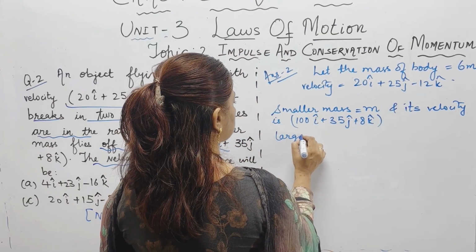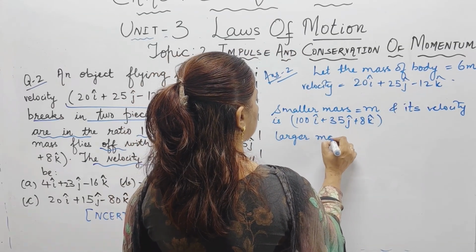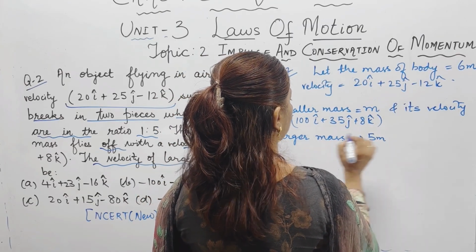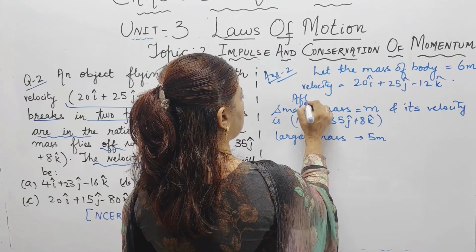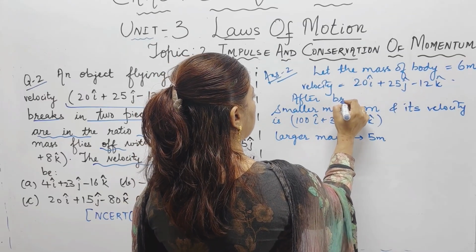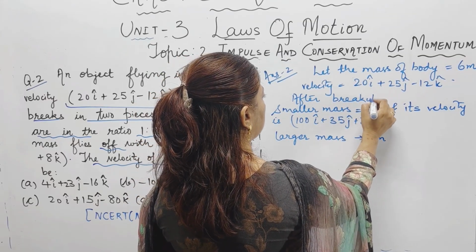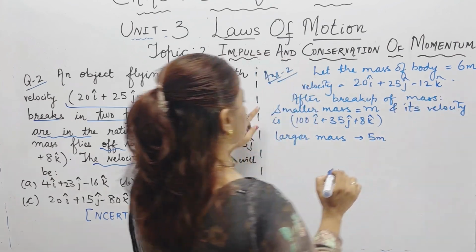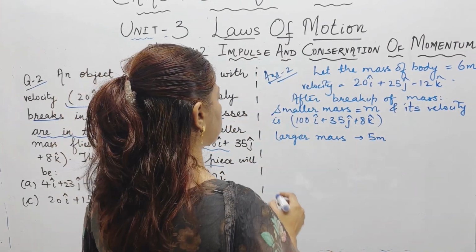Larger mass is 5m, after breakup of mass, smaller and the larger mass.